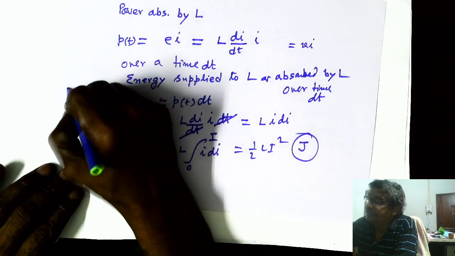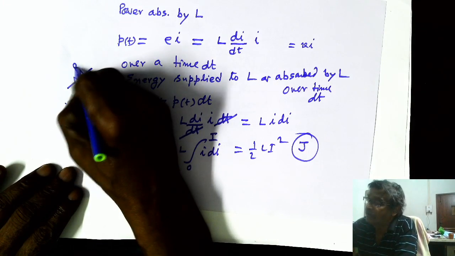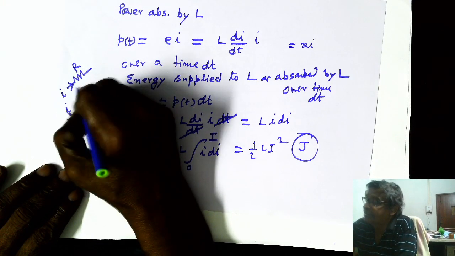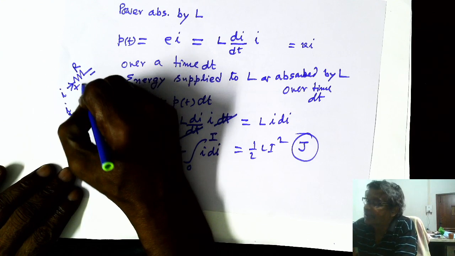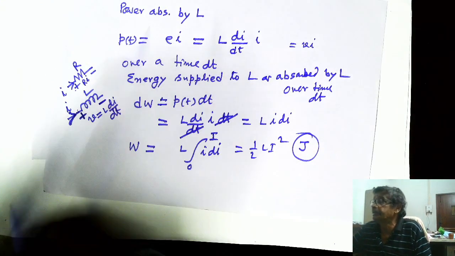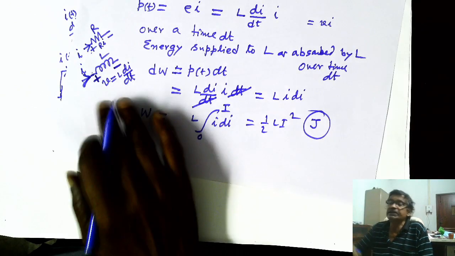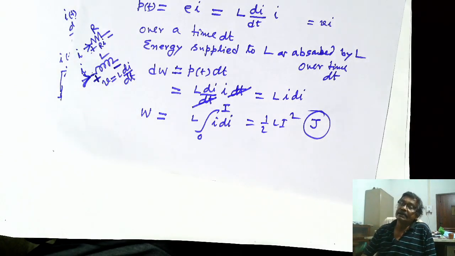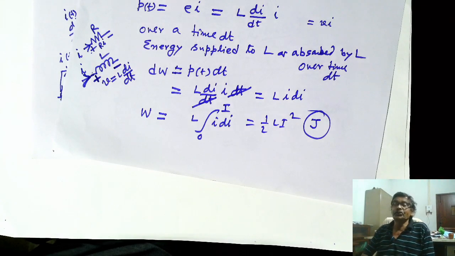This relationship is the same as for a resistance, but for a resistance the applied voltage has to be Ri with this polarity. So the voltage-current relationship of an inductor is V equals L di/dt, and an inductor stores energy.